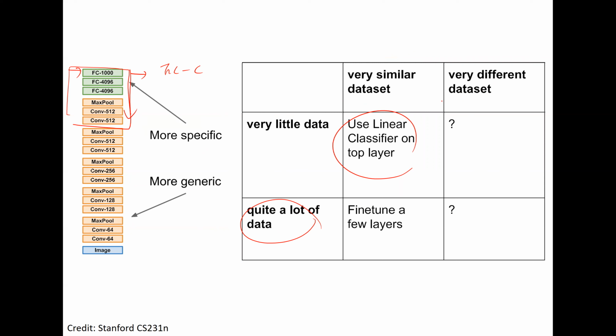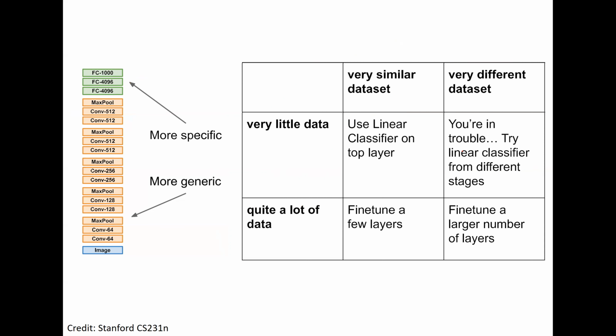However, if your data set is quite different from ImageNet, for example, you want to classify stars or diseases, the data sets are quite different from ImageNet, which contains cars or birds, plants, like this.